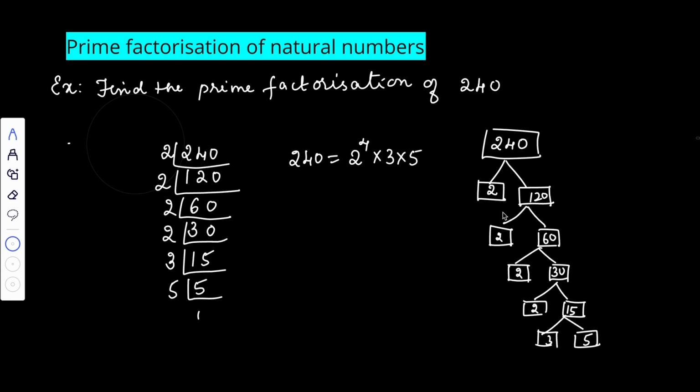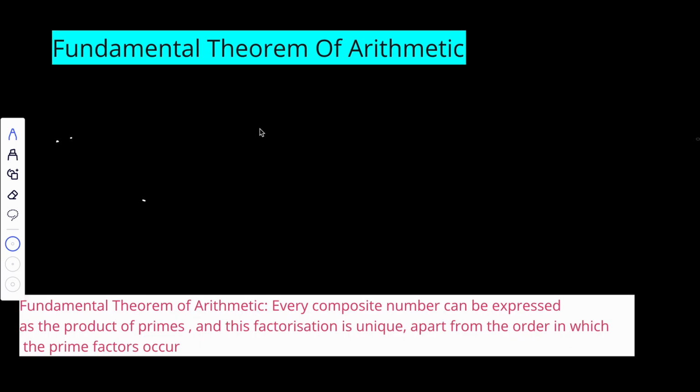And we are getting here 4 times 2, 3 into 5, that is 2 to the power of 4 into 3 into 5.